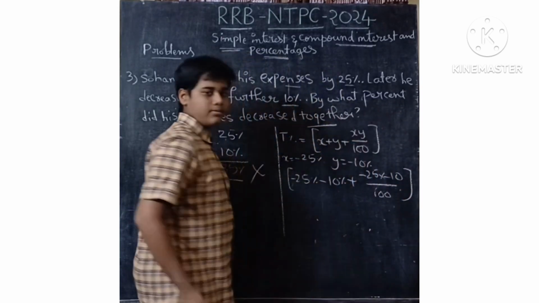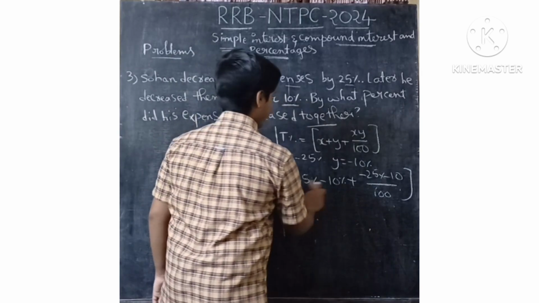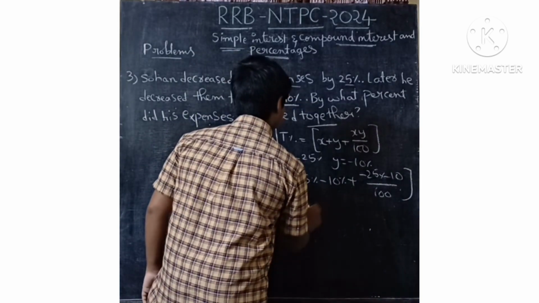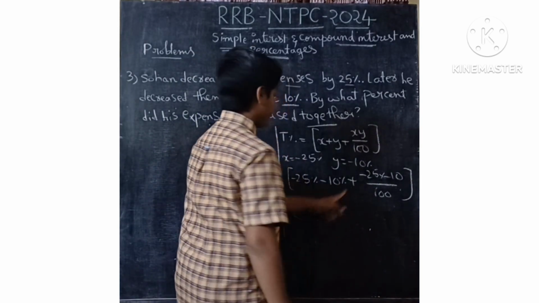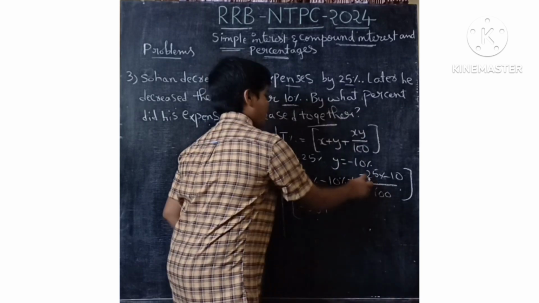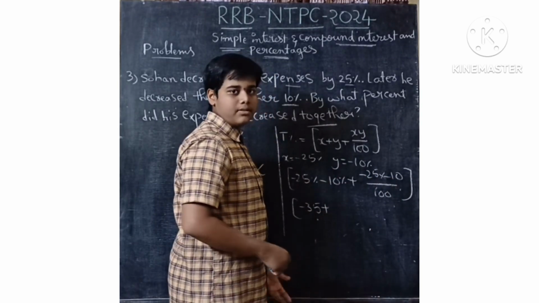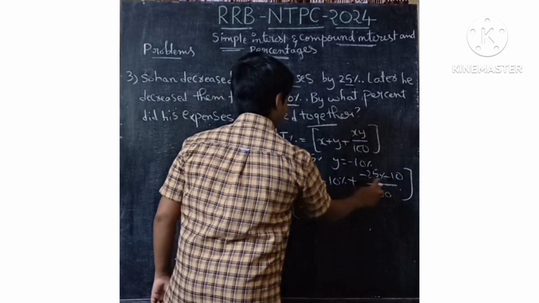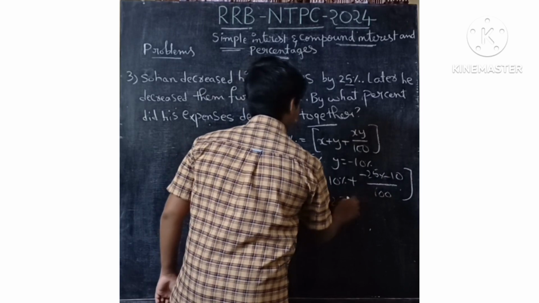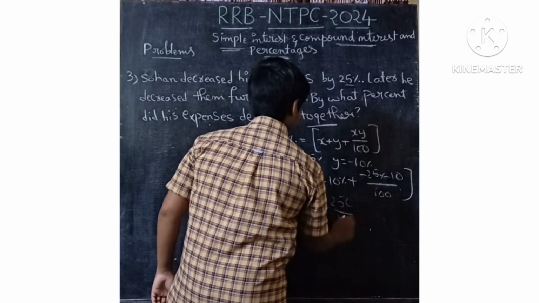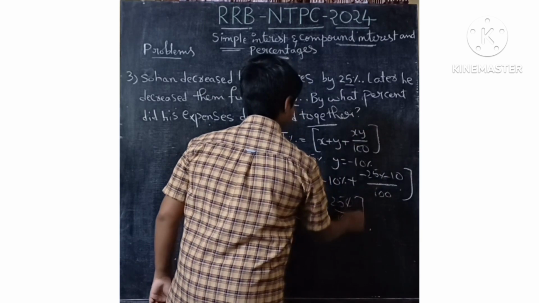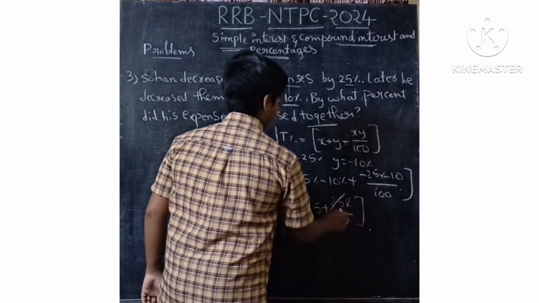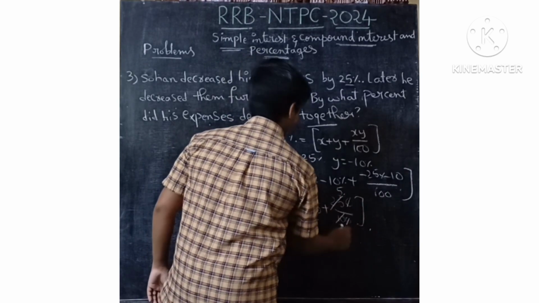Okay. So minus 25 minus 10 is minus 35, plus, because here minus into minus is plus only, so there is no change. So minus 25 into minus 10 is 250 by 100. So the 0s get cancelled. 5 twos are 10, 5 fives are 25, so it is 5 by 2.